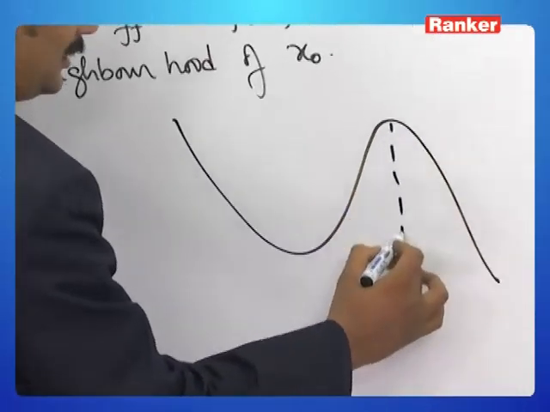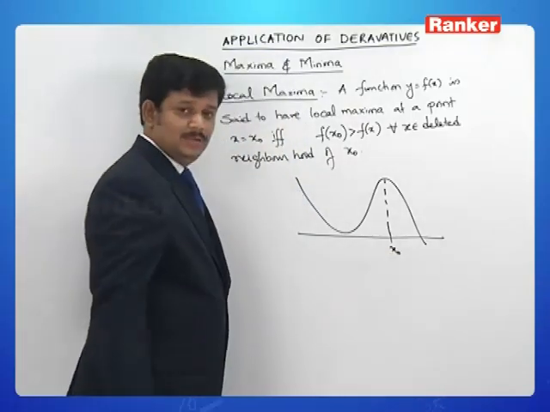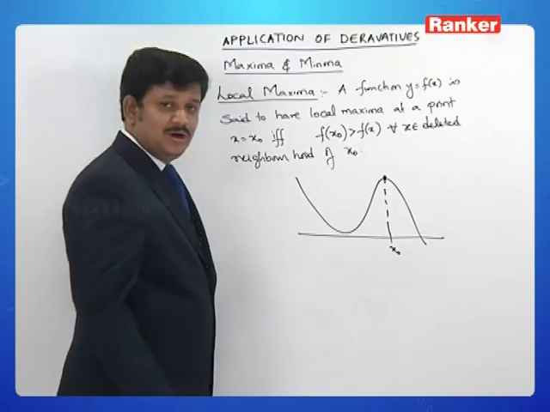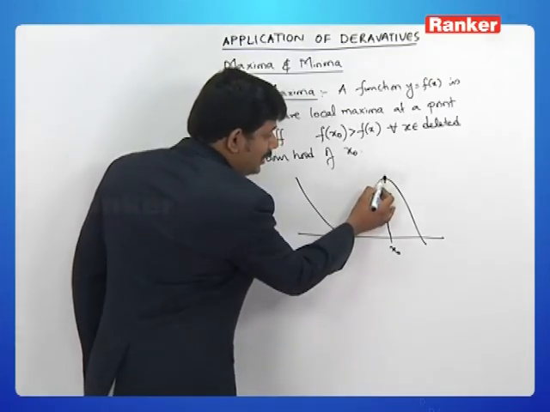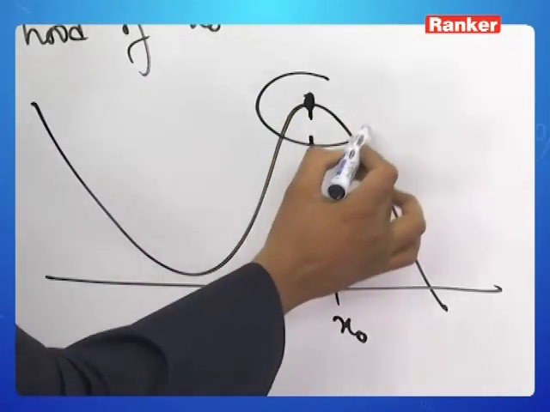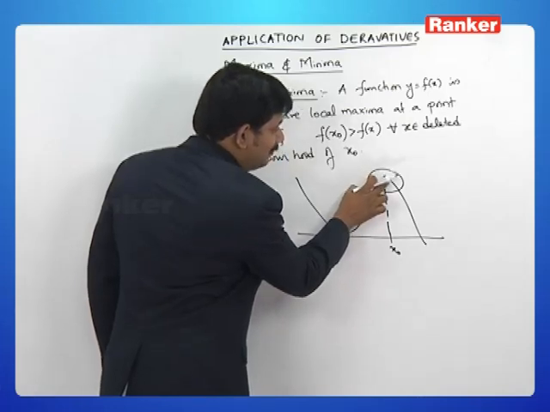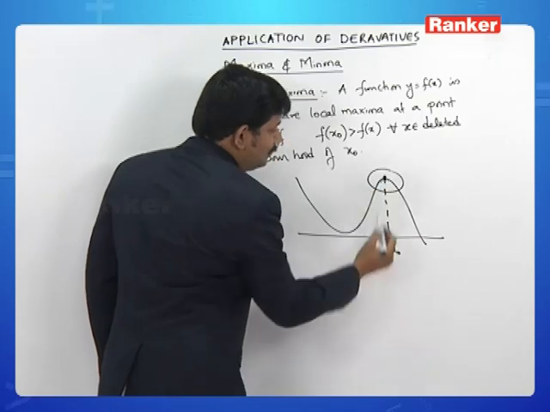Let us say this is the point x naught. We can see f of x naught, the y coordinate at this point, is more than the y coordinates at the surrounding points. Just observe this carefully. The y coordinate at this peak point is much bigger than the y coordinates at all the surrounding points.